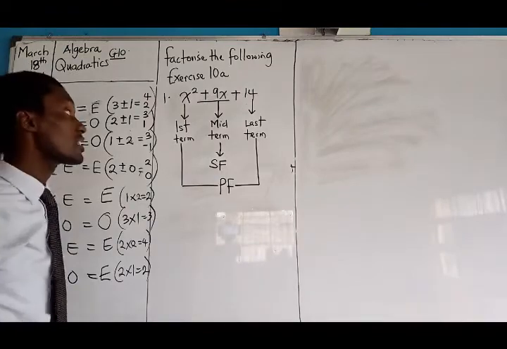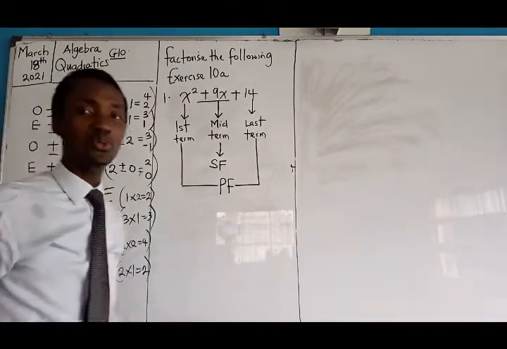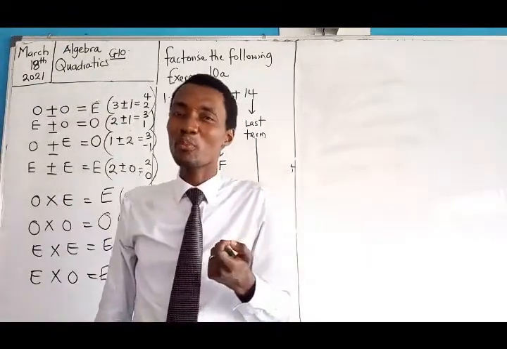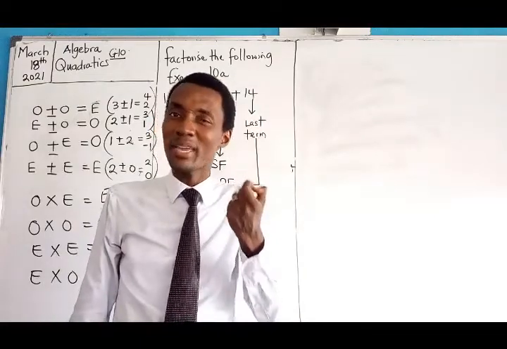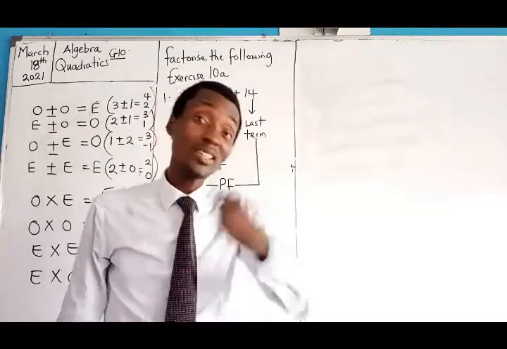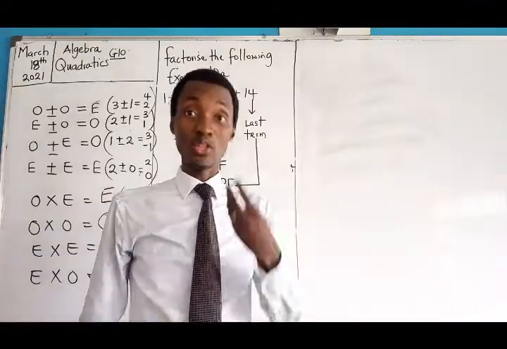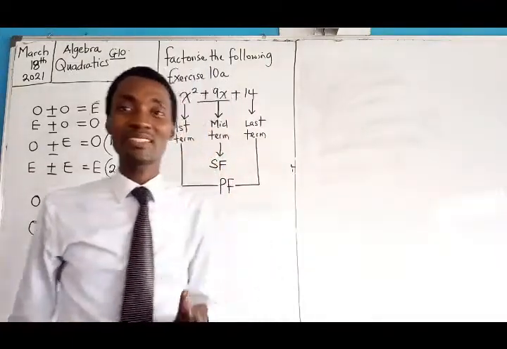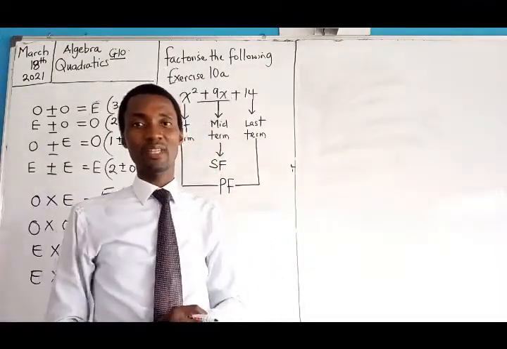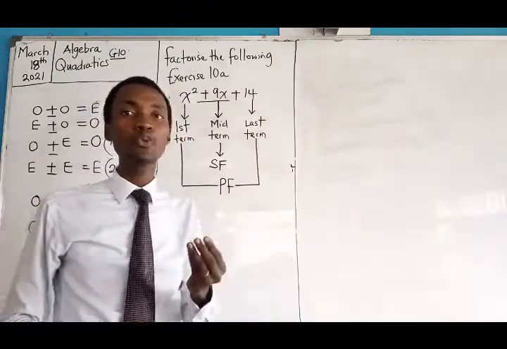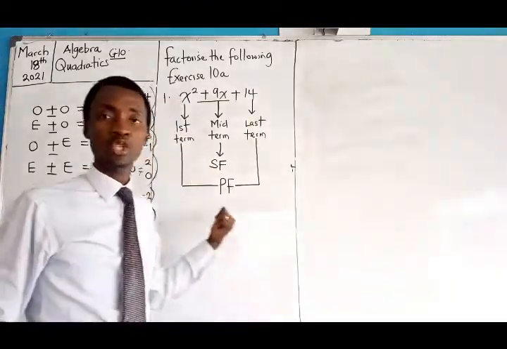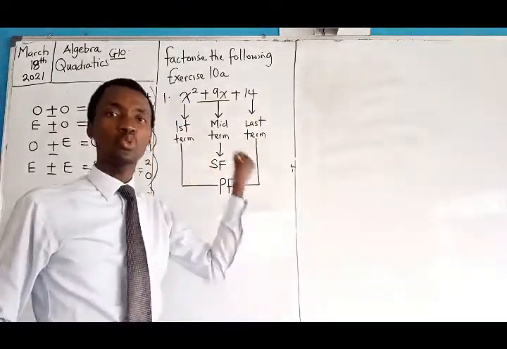So, in building this method, what I'm going to do is to demand a little from you to understand why you are making those decisions. A lot of times, people just solve. You call a student, how did you get this? They can't really explain to you why that is happening. So this class seeks to help you to understand why those decisions were made and why you shouldn't do otherwise.